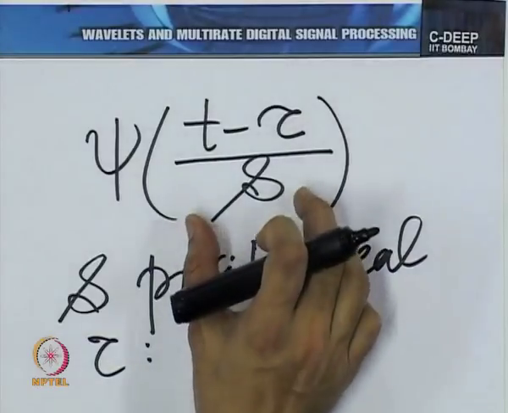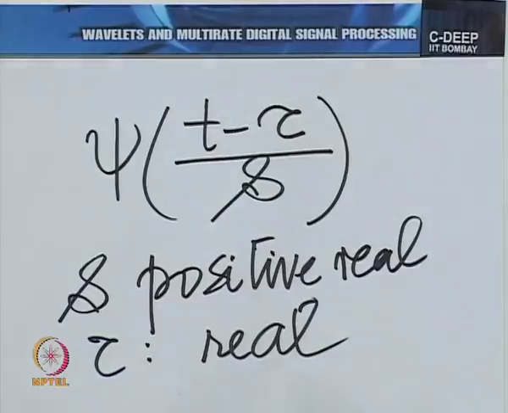This is the general function that we are using as a building block, different values of tau and different values of s. Of course, here at a particular resolution, at a particular level of detail, the value of s is only one. For example, when we are representing the function on intervals of size T, we take s equal to T. If we were to represent the function on intervals of size T by 2, then s would become T by 2 and so on. Then what we are doing in effect is dilating and translating. So, now we introduce those terms.